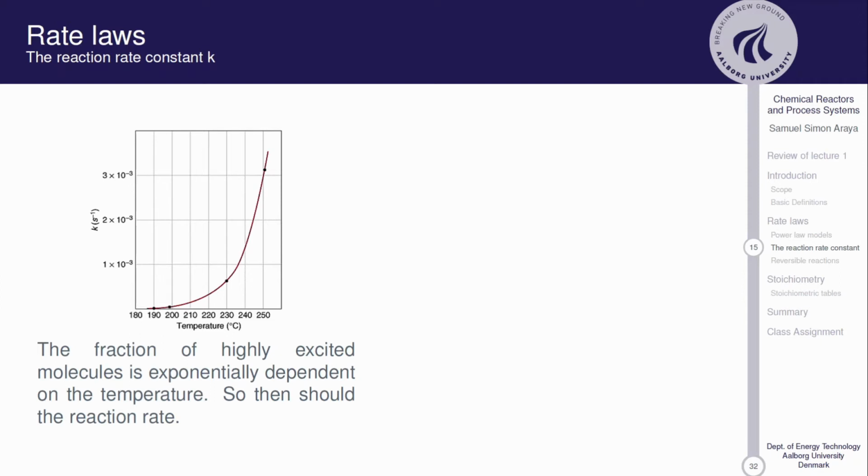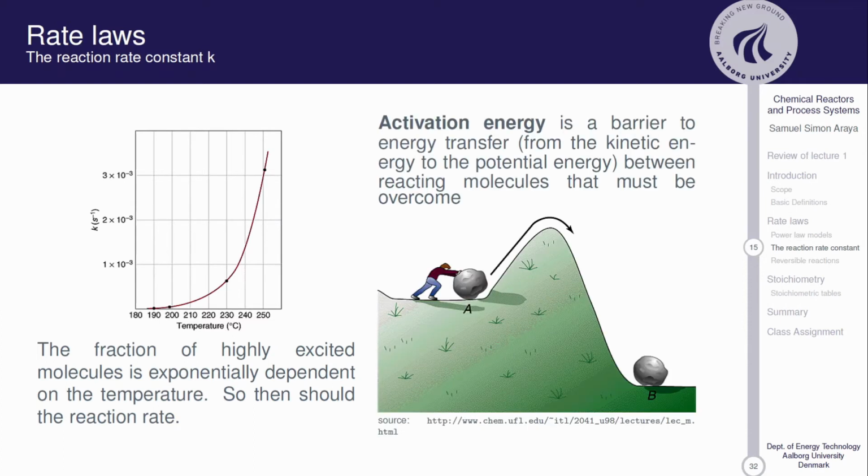The reason we need this energy level is because we have something called activation energy. This is the energy barrier that we have to overcome in order for the reaction to take place. Basically, the reactants have to get, through their movements, to a potential energy level from which they can spontaneously react to become products.